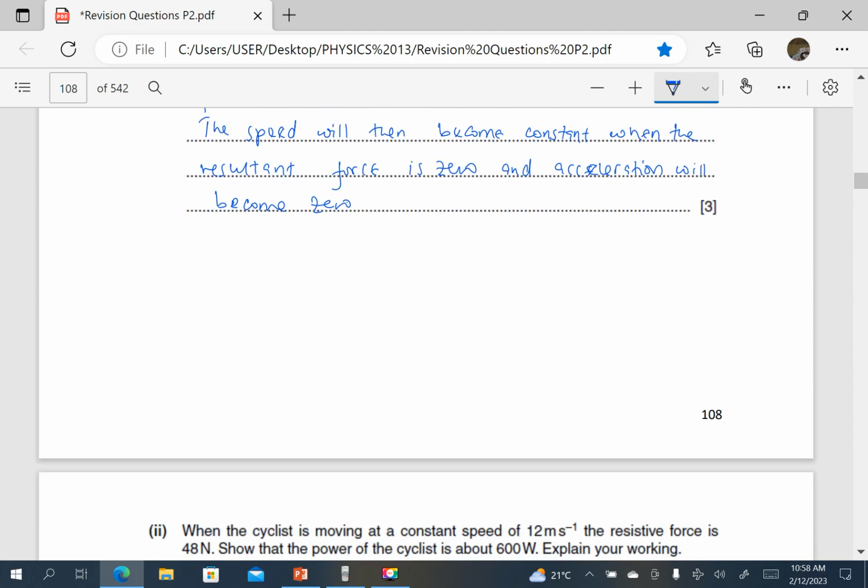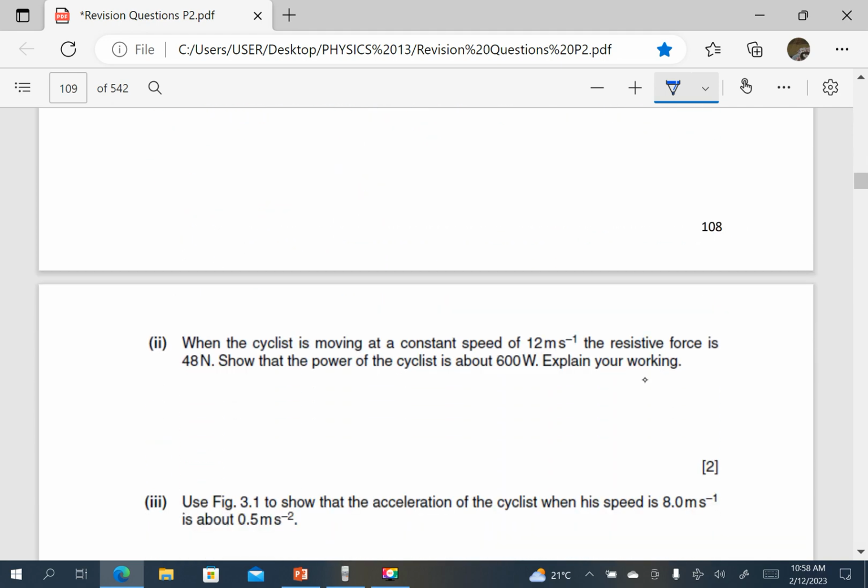When the cyclist is moving at a constant speed of 12 meters per second, the resistive force is 48 newtons. Show that the power of the cyclist is 600 watts. Explain your working. So when the speed is constant, it means the force from the cyclist must be equal to the resistive force.